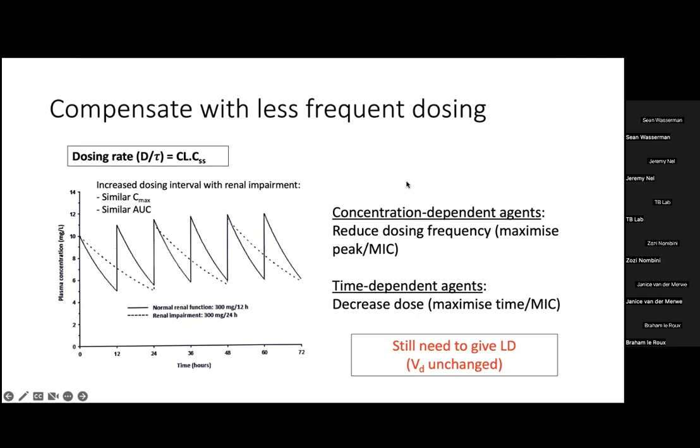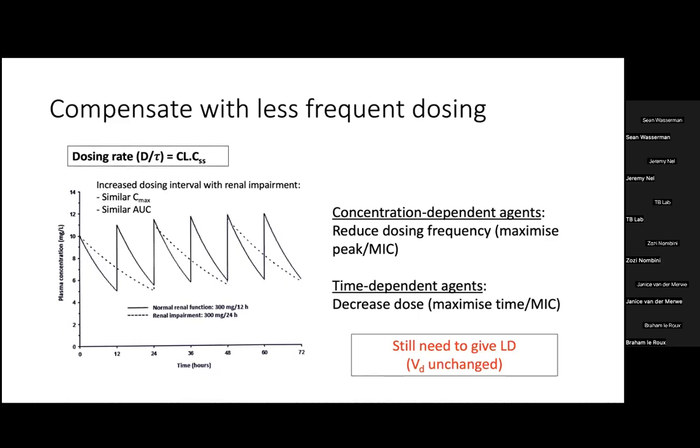And so for concentration-dependent agents, it makes sense to just simply reduce the dosing frequency in order to maximize the peak concentration over the MIC. For time-dependent agents like beta-lactams, then just decrease the dose or the infusion rates to maximize the time over the MIC. And for concentration-dependent agents, the best example is vancomycin, which I'll show you now.